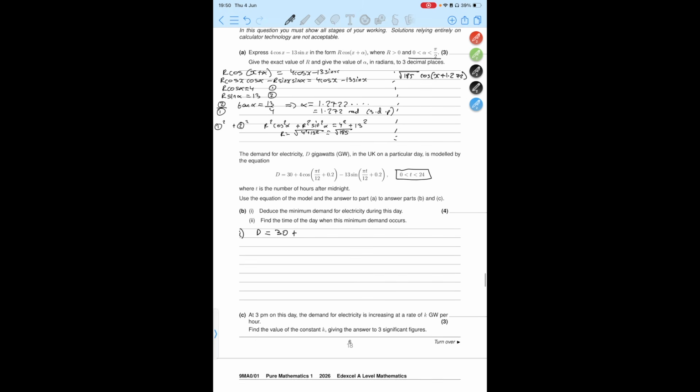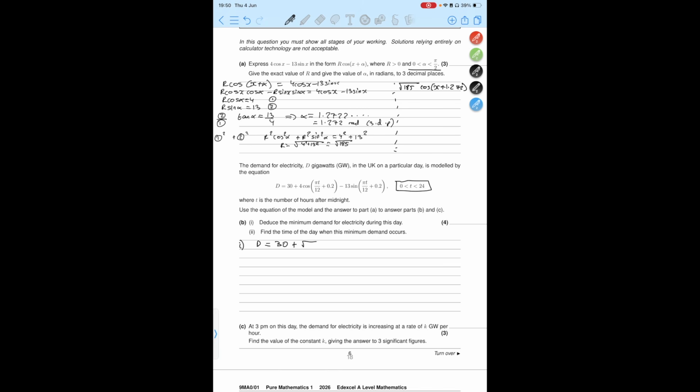So that means it becomes plus root 185 cos pi t over 12 plus 1.472. Actually, wait one second. Plus 0.2. Yeah, I believe that's fine.